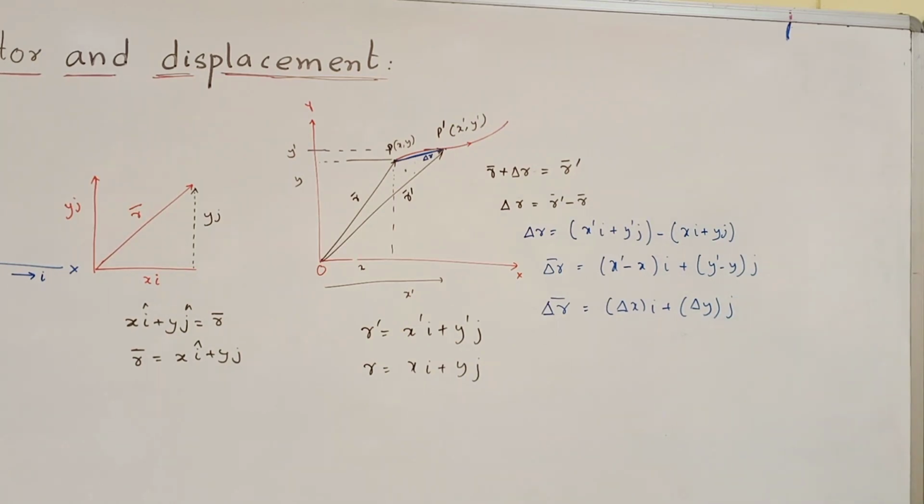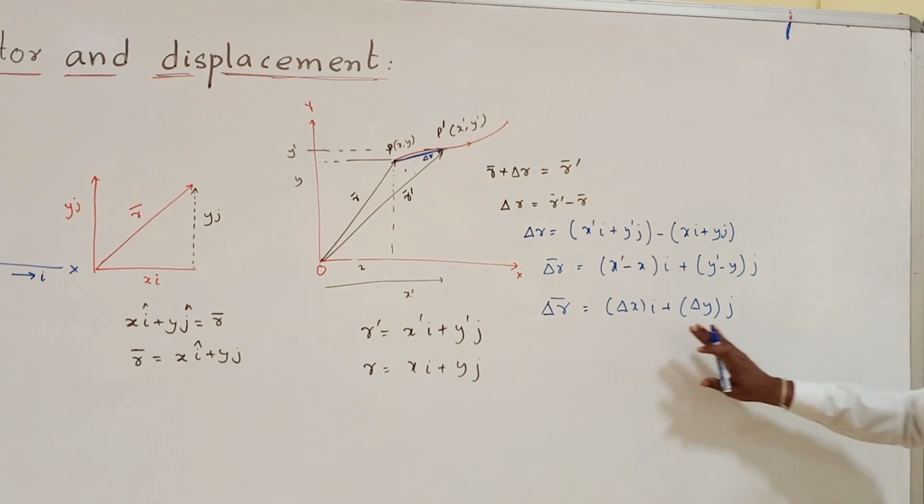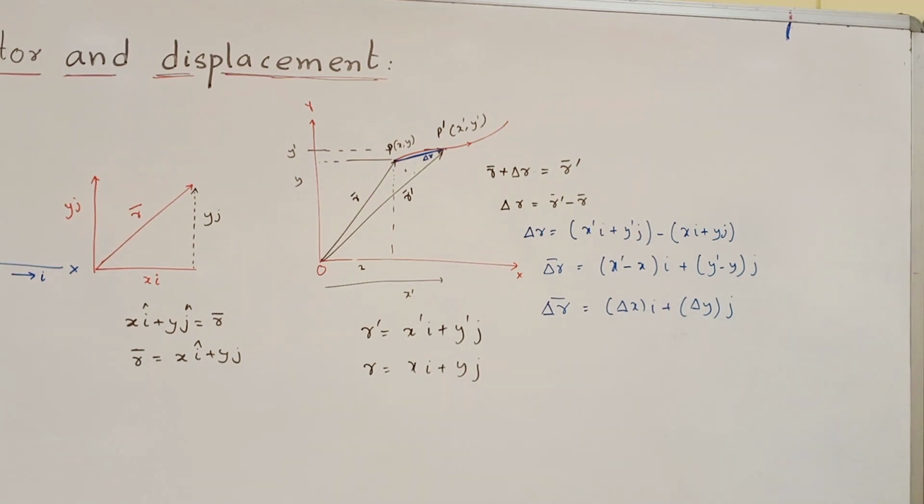So this is called a displacement vector in terms of x components and y components, right?